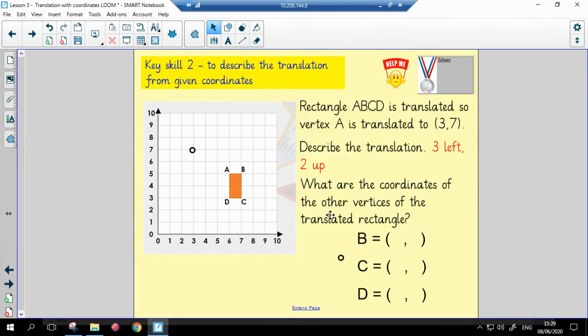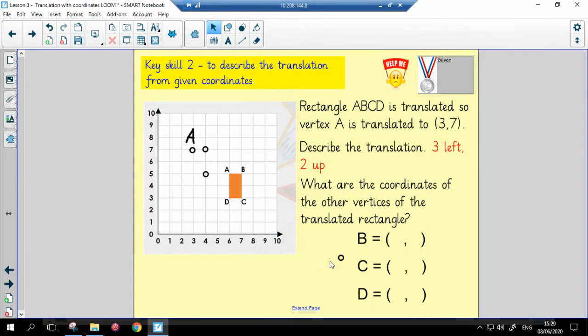Okay. Now it's saying, what are the coordinates of the other vertices? So let's label A. And we're now going to put in the other vertices with my circle so you can see it really clearly. So B is 1 square along. C is 2 down.